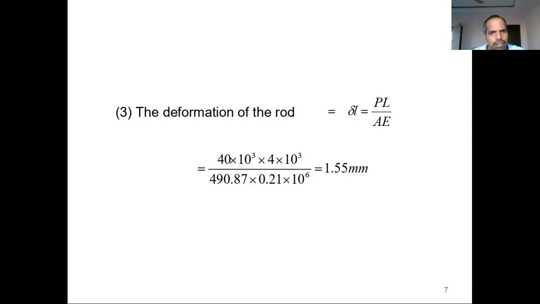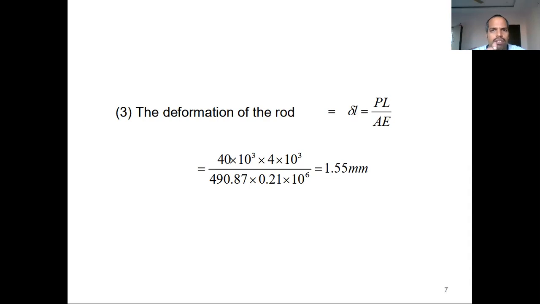Second, strain is equal to change in length by original length, that is delta L by L. Third, Young's modulus is equal to stress by strain. Only these three formulas we are using, and the remaining thing is just rearranging the terms.